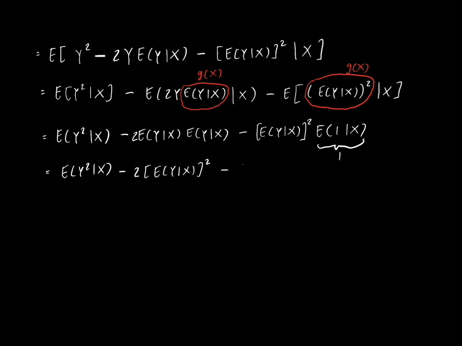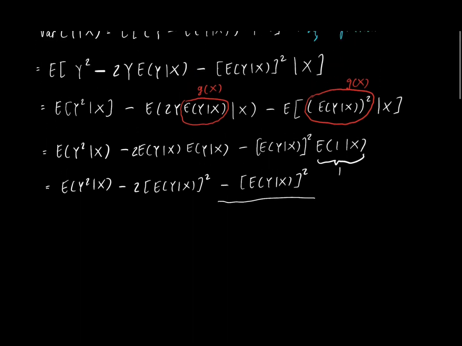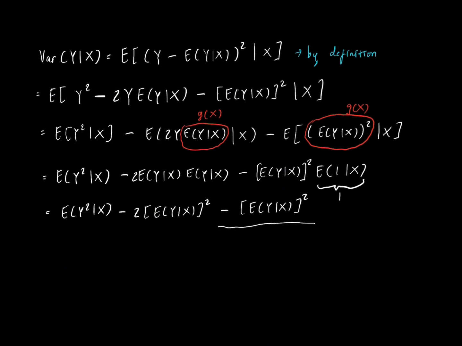Because that thing is 1, we're just going to have this term as it is. Now we've got minus 2 E of y given x whole squared, and, my bad, we made a mistake here. This is supposed to be plus.